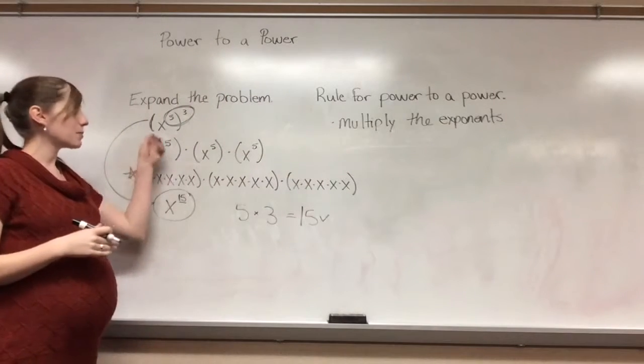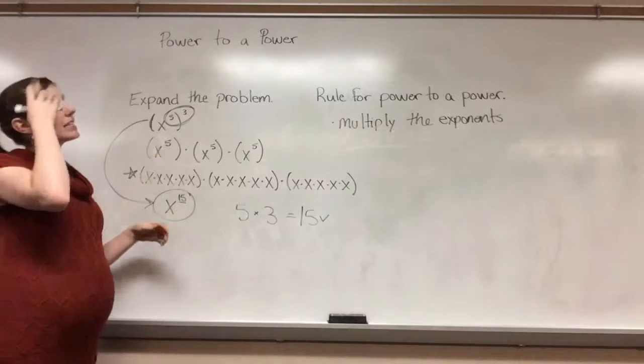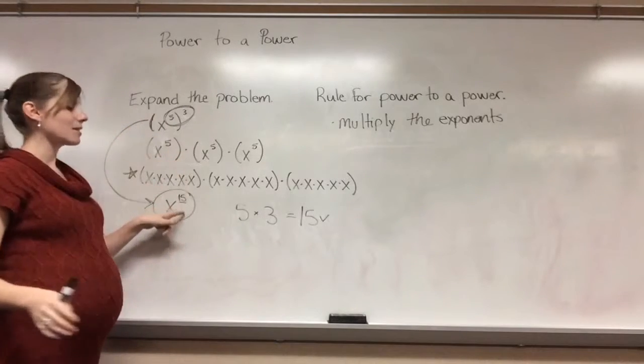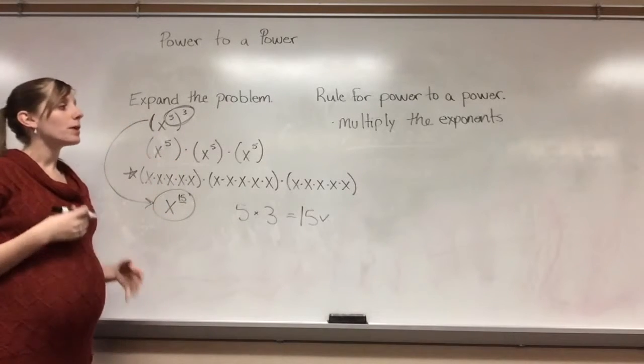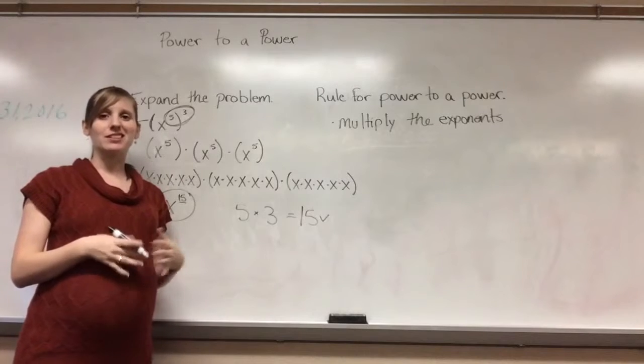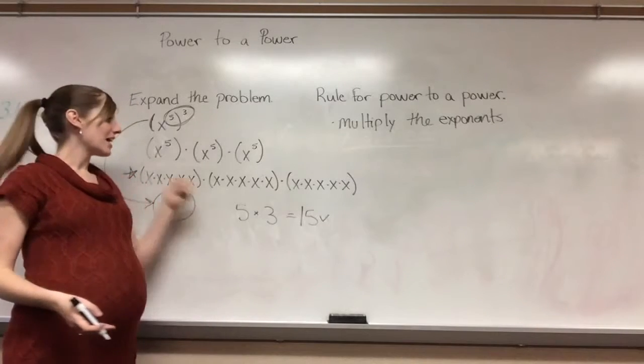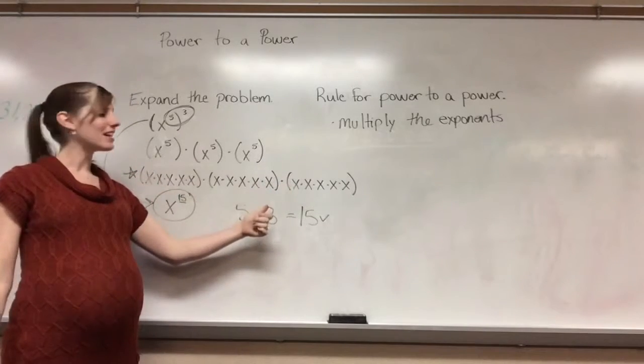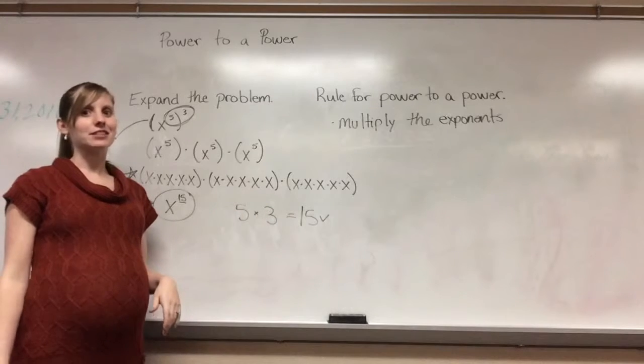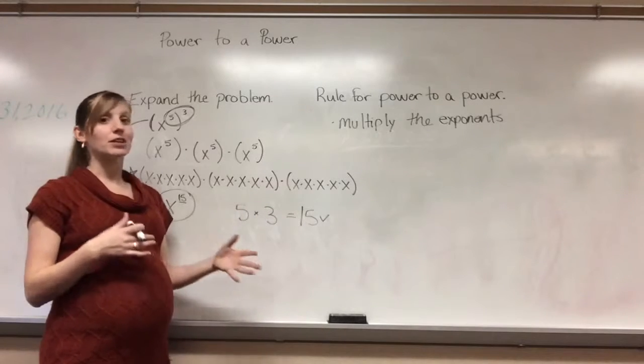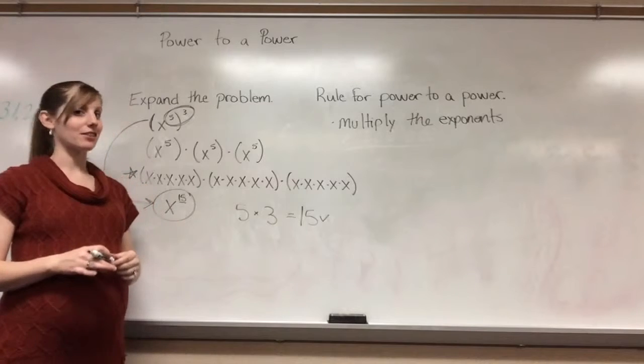Anytime you have an exponent raised to another exponent, to get rid of those parentheses and to simplify it as far as we can, just multiply the exponents, and that's going to make the problem a lot easier. It's going to save us a lot of work instead of expanding it every single time. So this time we're going to go ahead and do a few examples of that together.